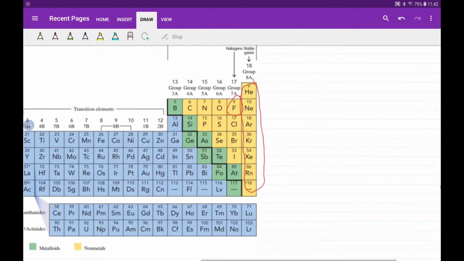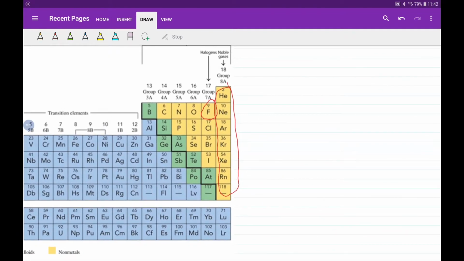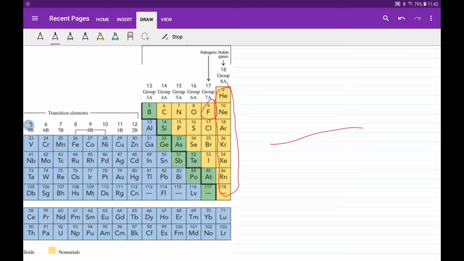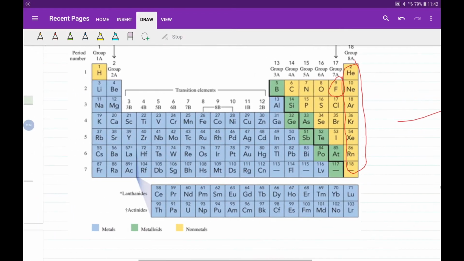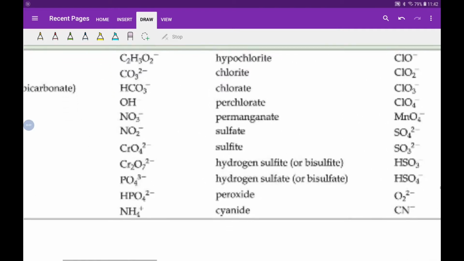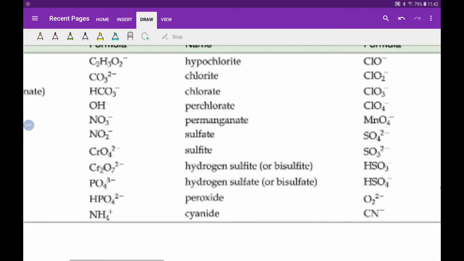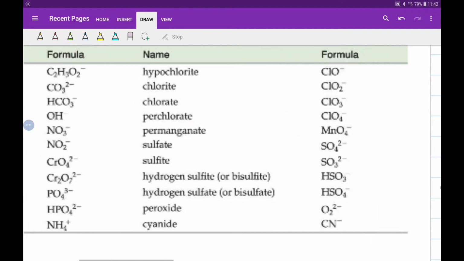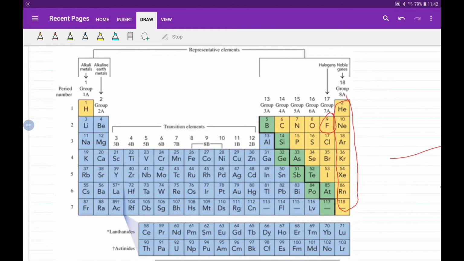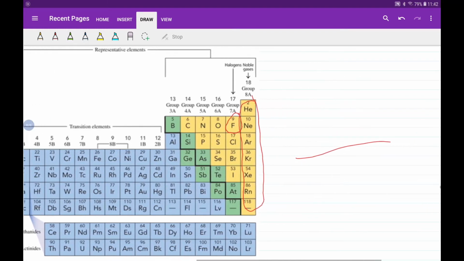If we look at the other elements, notice I told you that when we looked at the polyatomic ions, most of them contain oxygen. Notice? Oxygens everywhere. So how can we learn a pattern from the periodic table, adding oxygens to stuff? Let's take a look at how we can do this.